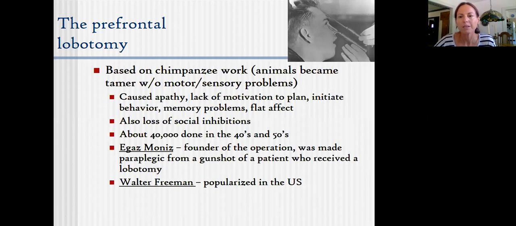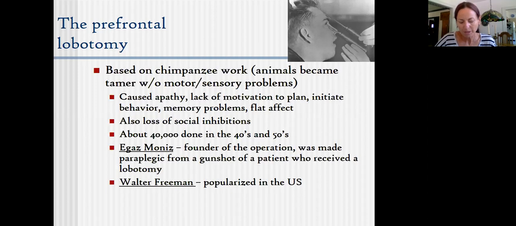And then some people had the bright idea of let's take people with schizophrenia and other mental problems and try to damage their prefrontal cortex. And so that was a procedure called the prefrontal lobotomy. It turned out to be a disaster. It caused apathy, lack of motivation, inability to plan, initiate behavior, all kinds of memory problems, flat affect, which means no emotion, lots of loss of social inhibitions, people doing crazy things.